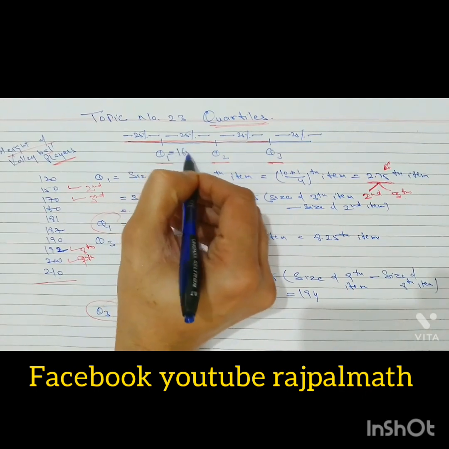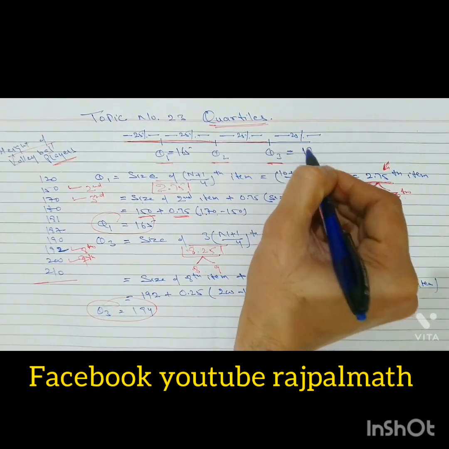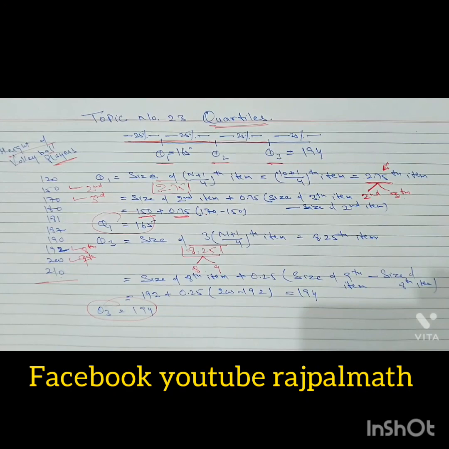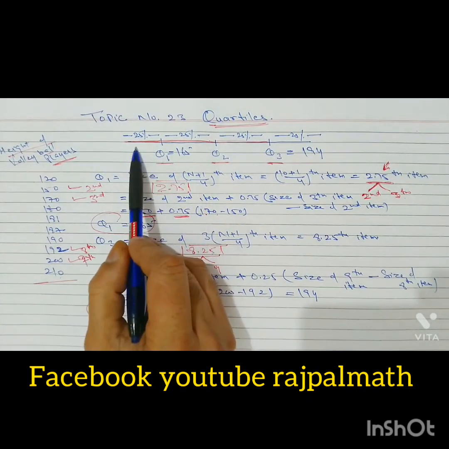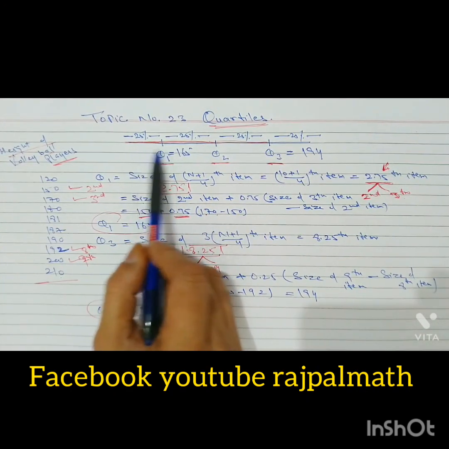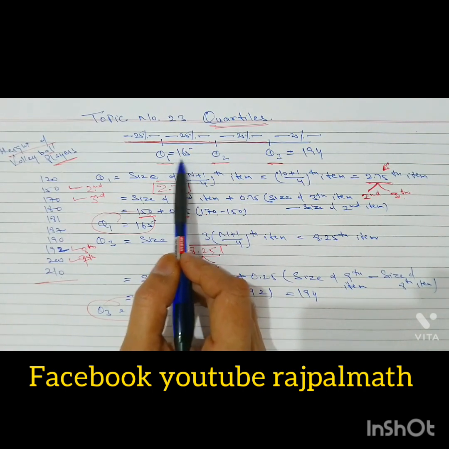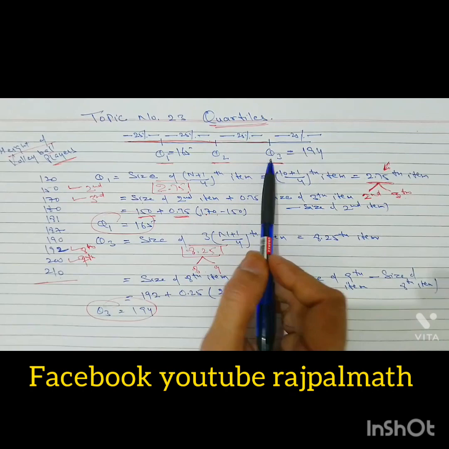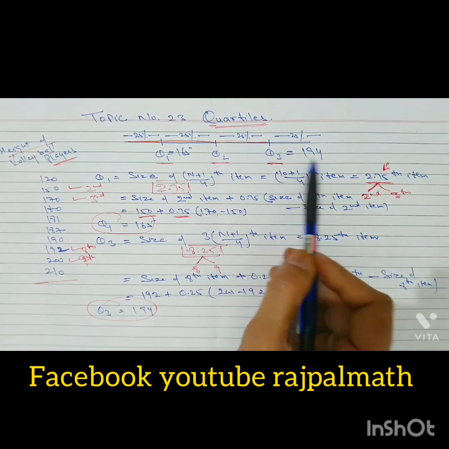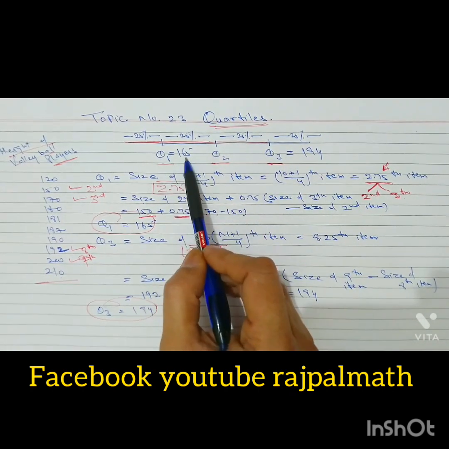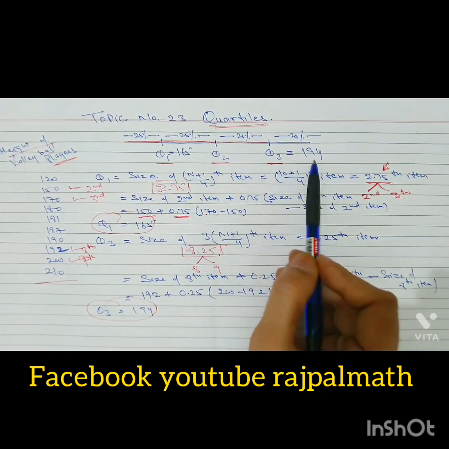Q1 is 165, Q3 is 194. We can say that 25% of the volleyball players are shorter than 165, or 75% of the volleyball players are shorter than 194.